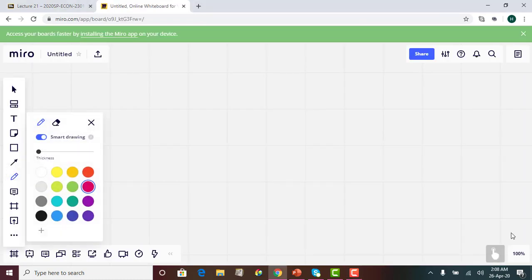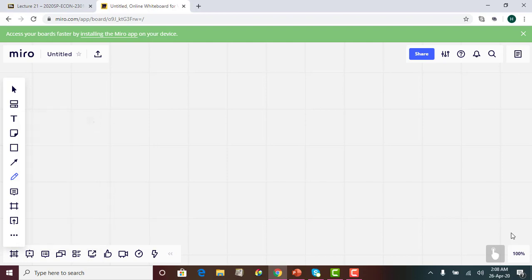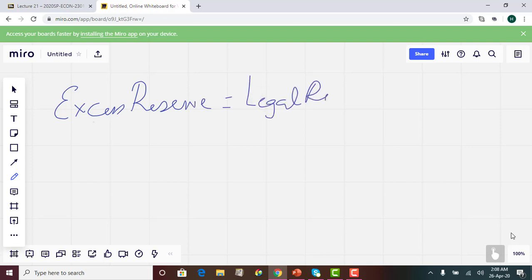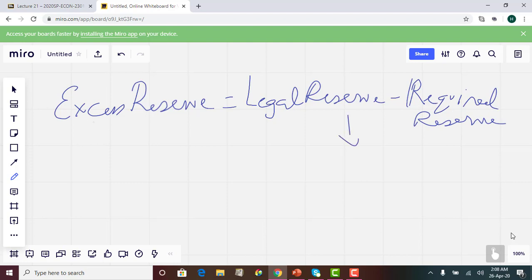The two formulas for excess reserve that we have to remember: excess reserve is equal to legal reserve minus required reserve. This is applicable when legal reserve is given. So we will use this formula when the legal reserve is given.